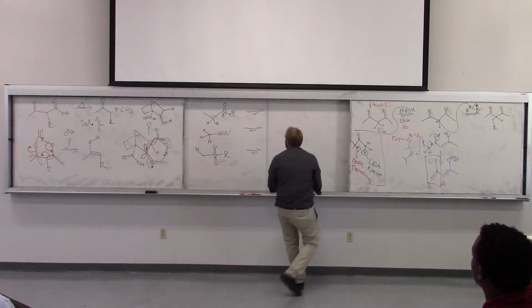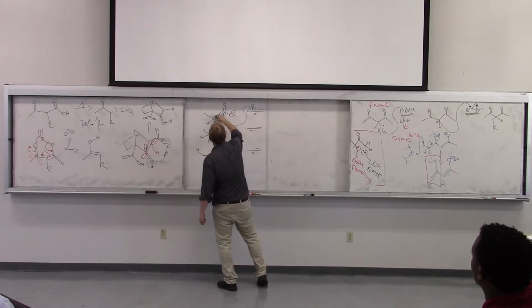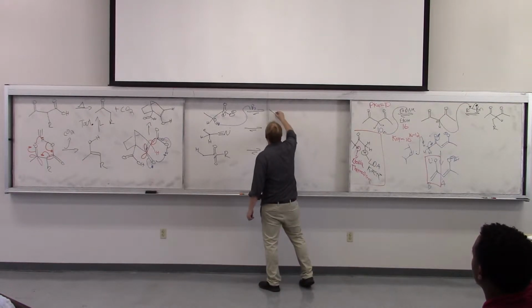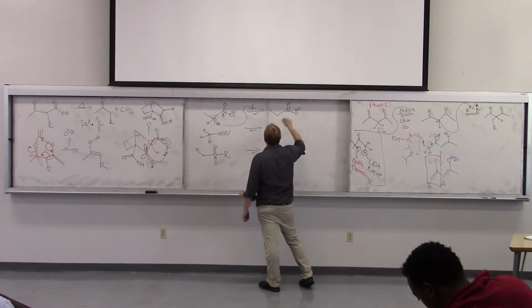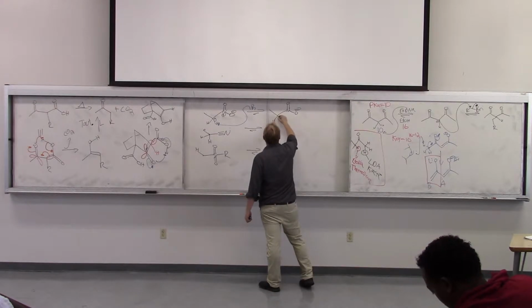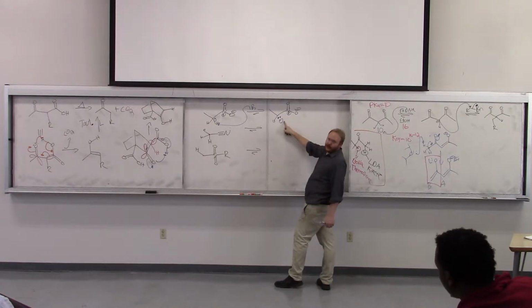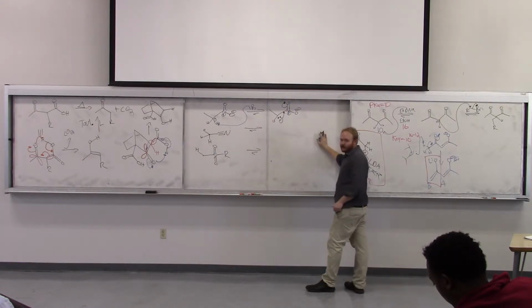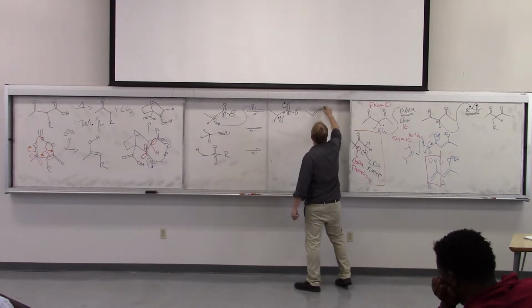So just to show you, for a nitro group, if we take the hydrogen alpha to a nitro group, we can take the lone pairs of electrons, and just as before, resonate them into the nitro group in a very similar manner to what we did with the enolate. Like so.